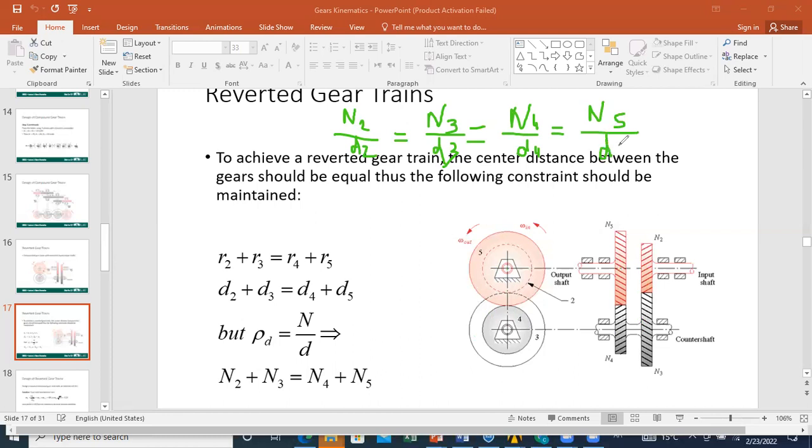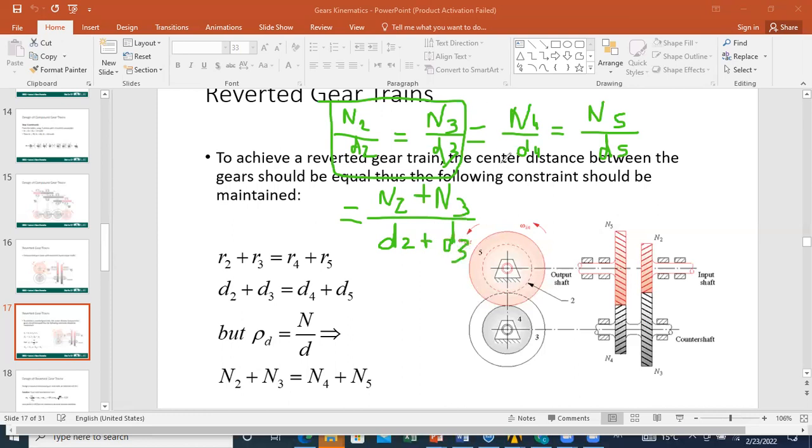And now you have a mathematical rule stating that if I have N2 over D2 equals N3 over D3, if I add the numerators and the denominators, I get that this should be equal to N2 plus N3 over D2 plus D3.